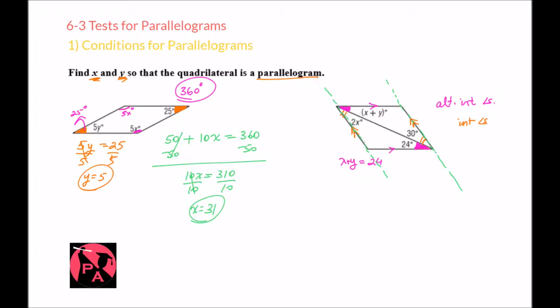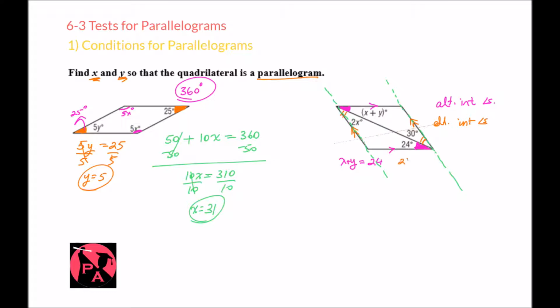And here is the transversal. This one right here is the transversal. 2x degrees is on one side of the transversal. 30 degrees is on the other side of the transversal. That's why they are alternate interior, which means their measures are the same because the green lines are parallel.